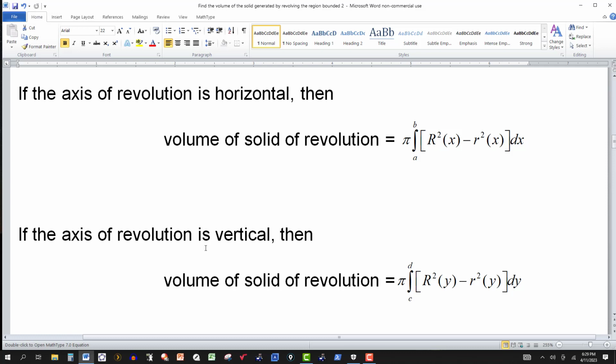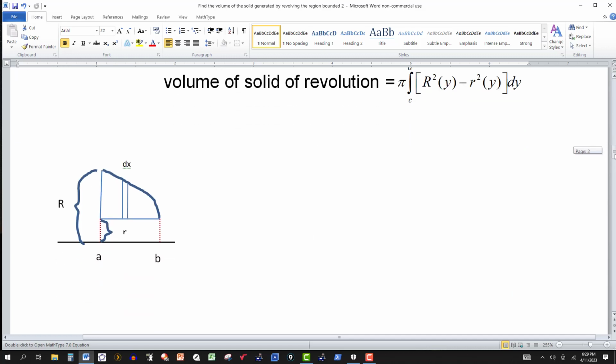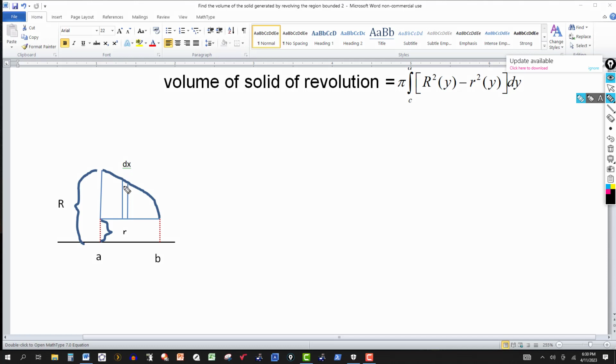Now if the axis of revolution is vertical, then the volume of the solid of revolution is given by this setup. Pretty much the same thing, except instead of r of x, it's r of y. And this is an example of what it looks like. So let's say we have this region, we have a rectangular strip, and we're rotating about this axis right here.